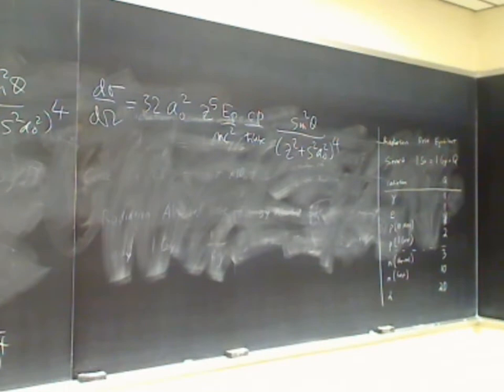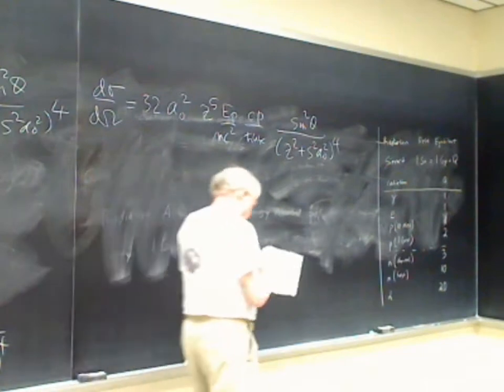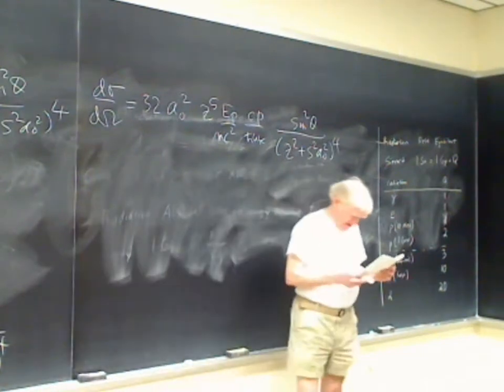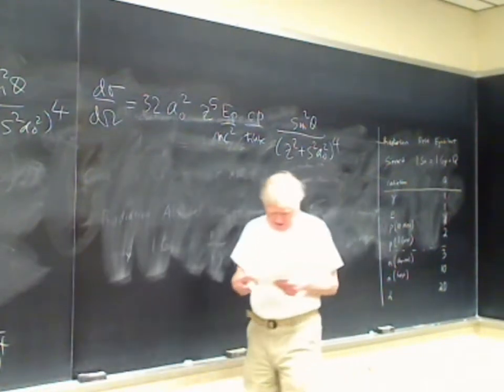I don't see where I wrote it down. So in that higher energy limit, the expression is 32 times this ratio, that ratio, this structure, and then all these terms. Anyway, that's how the cookie crumbles.